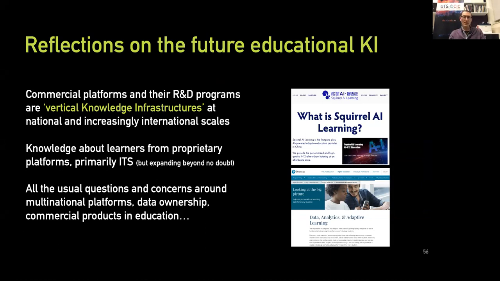Those are generally intelligent tutoring system style lenses, but they will be expanding, of course, beyond those. There's no question there. And there are many questions and concerns being expressed about the role of these extremely innovative and very powerful companies in education and the tensions that arise around that. But that's just a crucial part of our future infrastructure. I think we need to have some very good conversations with our colleagues there.